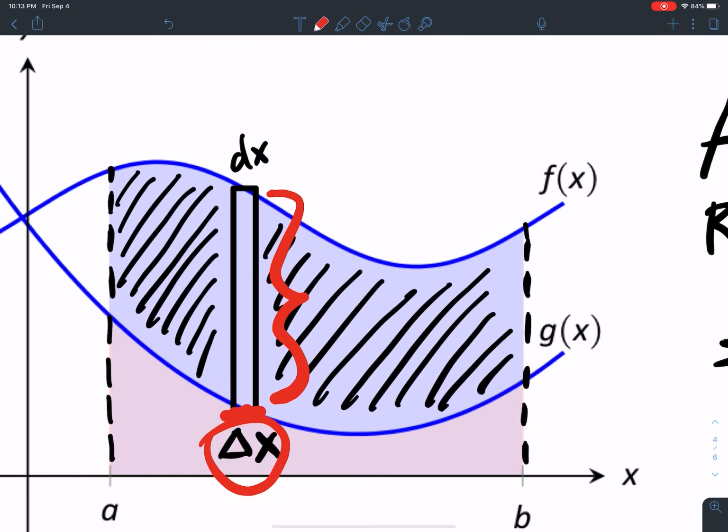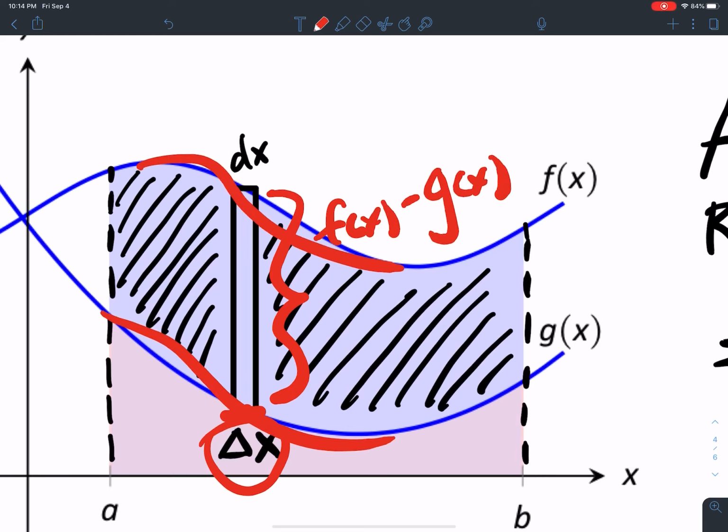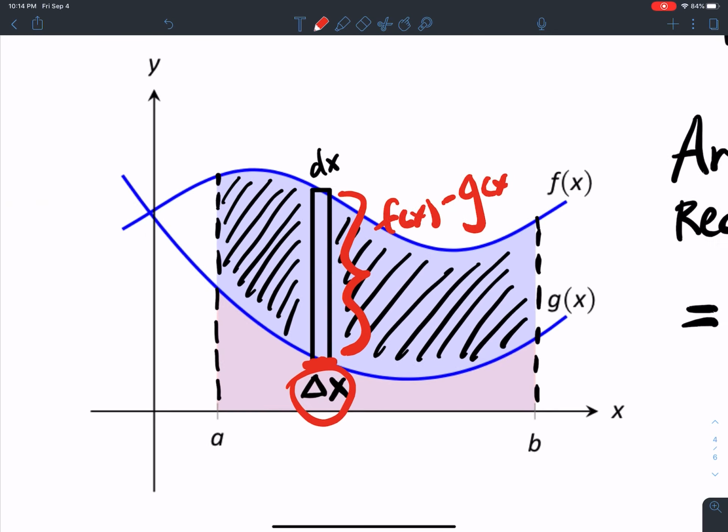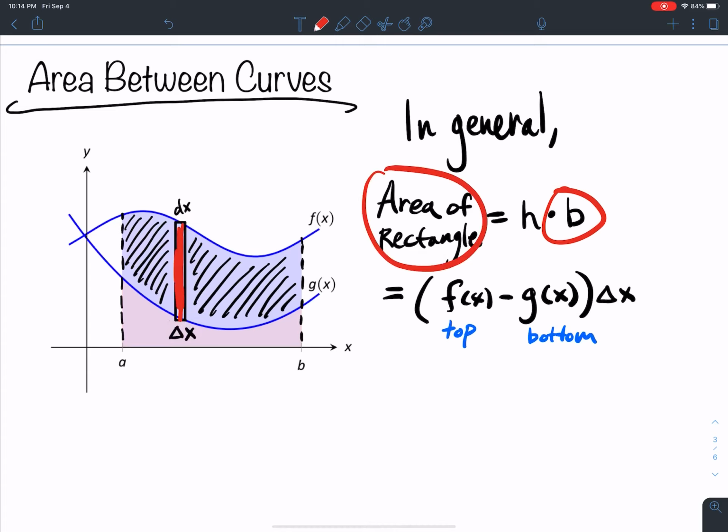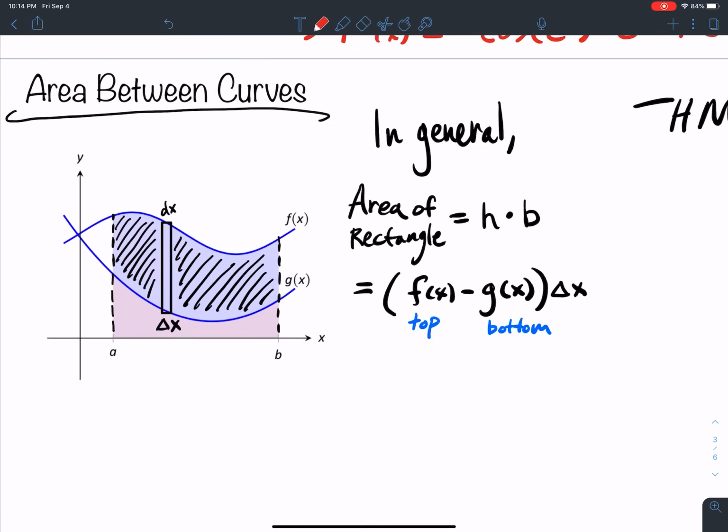The height is f of x minus g of x, the area between two curves, okay? The area between curves. That's what we're talking about here. So to find the area of that rectangle, it's f of x minus g of x.